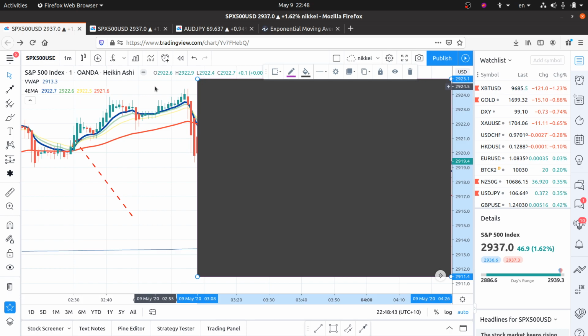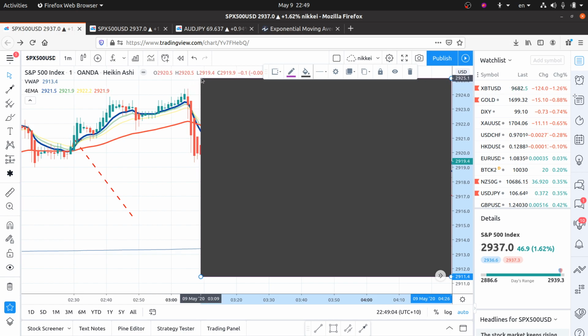Now the important thing to highlight here is the blue line is moving down. It's not moving across, it's not moving up, it's moving dramatically down. The other important factor is the 55-day average is also moving down.